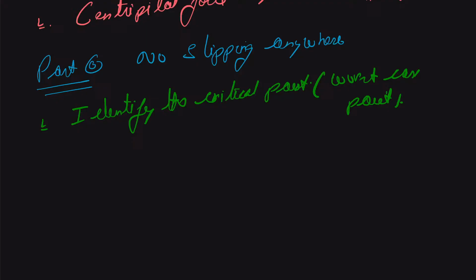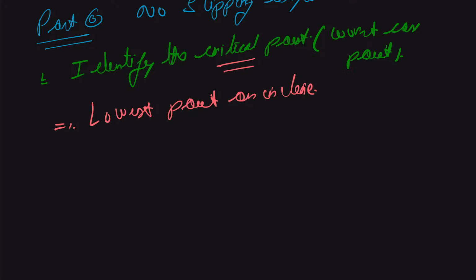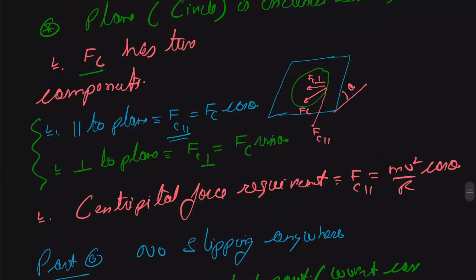And this critical point will be the lowest point on the incline. We already know the forces that will be acting on that particular point. So the lowest point will be somewhere here, so this is our lowest point.